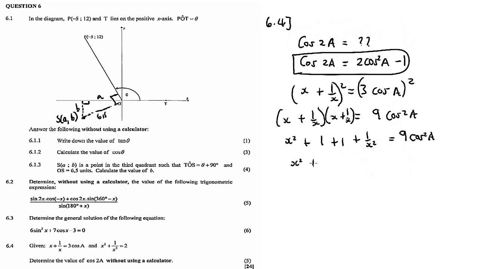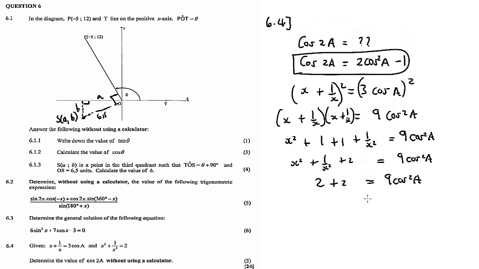So x squared plus 1 over x squared plus 2 is equal to 9 cos squared a. Right, so x squared plus 1 over x squared is equal to 2, plus 2 equals 9 cos squared a.